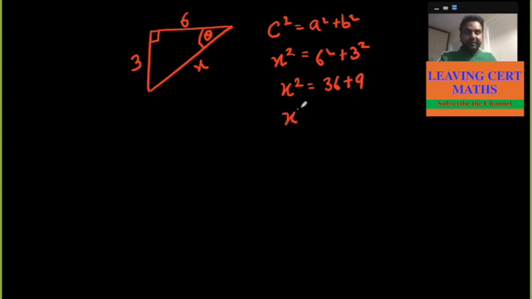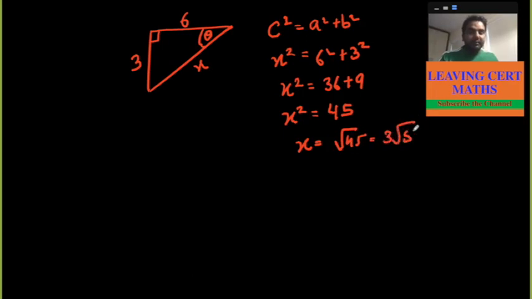So how much have you got for x square? 45. So what is x? 3 root 5. I think you have used the calculator, so I will check. Yeah, 3 root 5. Okay, that's right.